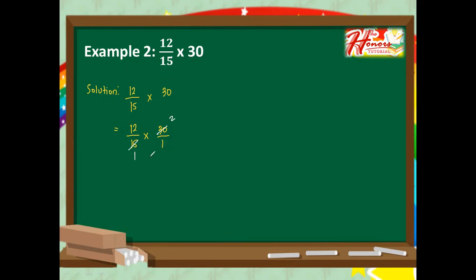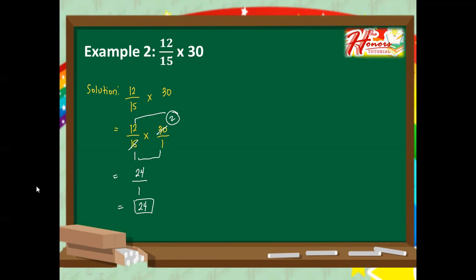So therefore, we'll just copy 12 and 1. So let's multiply 2 and 12. And that is 24 over 1 times 1, that's 1. So 24 divided by 1, that is equal to 24. Or you can just simply remove 1 in your denominator just to simplify it.